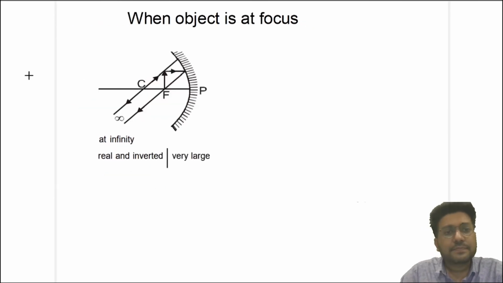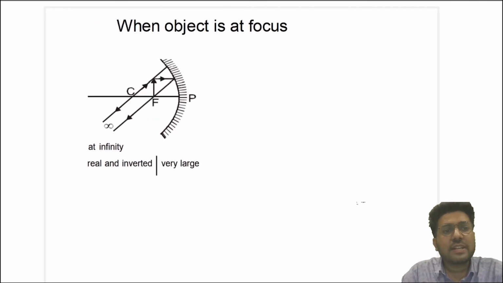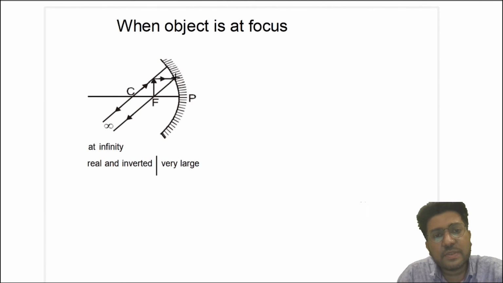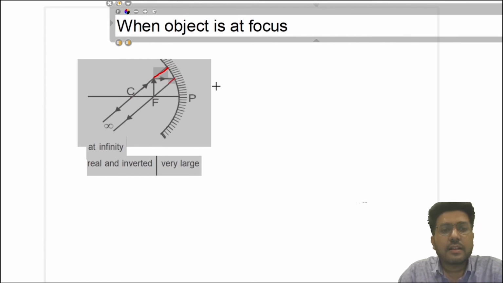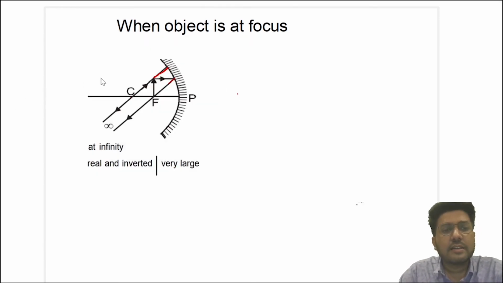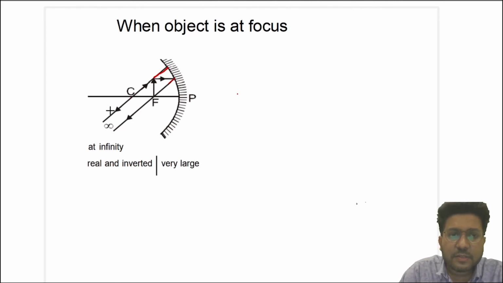Okay, then when the object is at focus, in that case let us use the first rule, that is a ray parallel to principal axis after reflection passes through focus. This is the first rule. The second rule is a ray which is passing through the center of curvature. A ray which is passing through the center of curvature after reflection retraces its path, right?